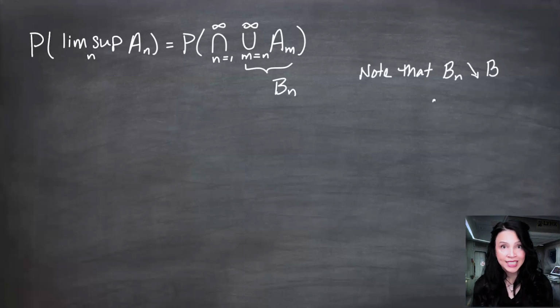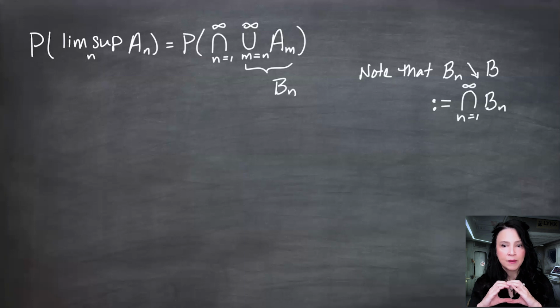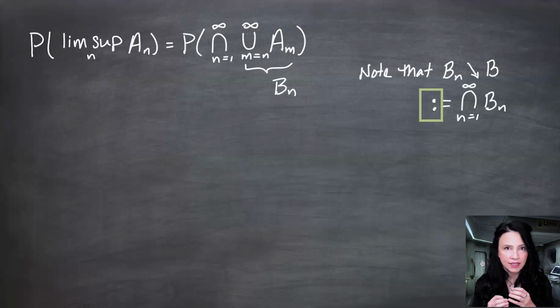So what I have is a decreasing sequence of sets, B_1, B_2, B_3, decreasing to, when you have a decreasing sequence, they decrease to the intersection. So I'm going to call that B. B is defined as the full intersection of all of these sets. And these dots before an equal sign mean that this is a definition here. We're defining B to be this intersection.